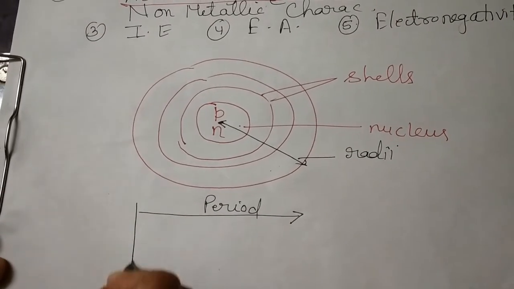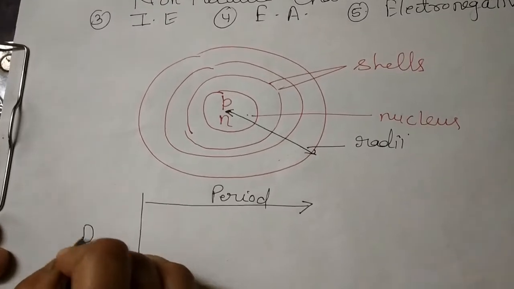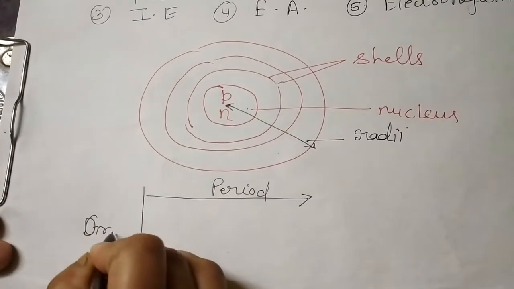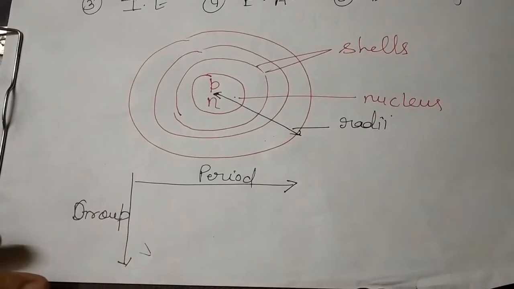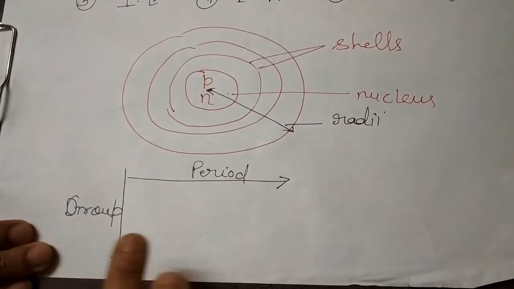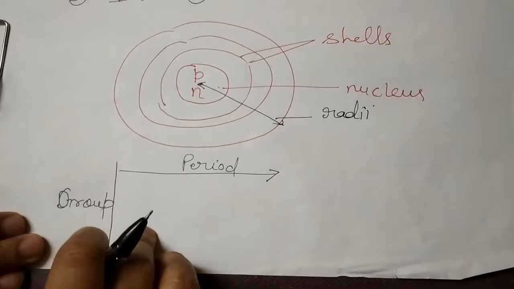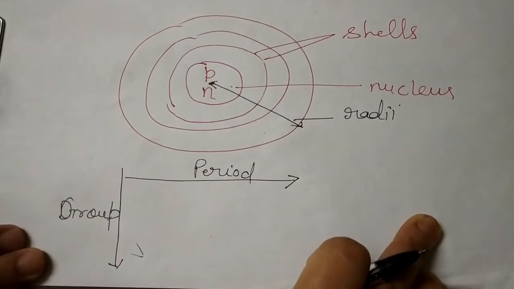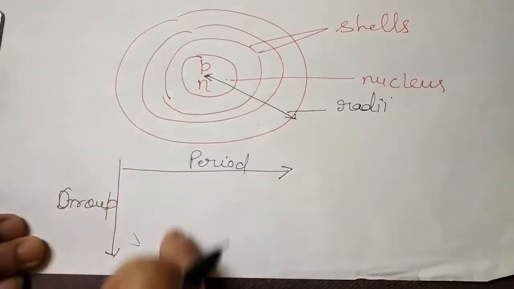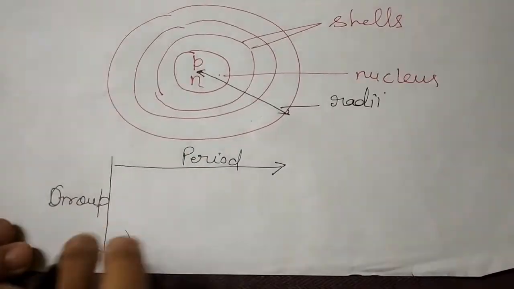And when we move from top to bottom, that is a group. Now, all the elements are arranged in periods and groups. You are aware of this? Horizontal rows are called periods, and vertical columns are called groups.